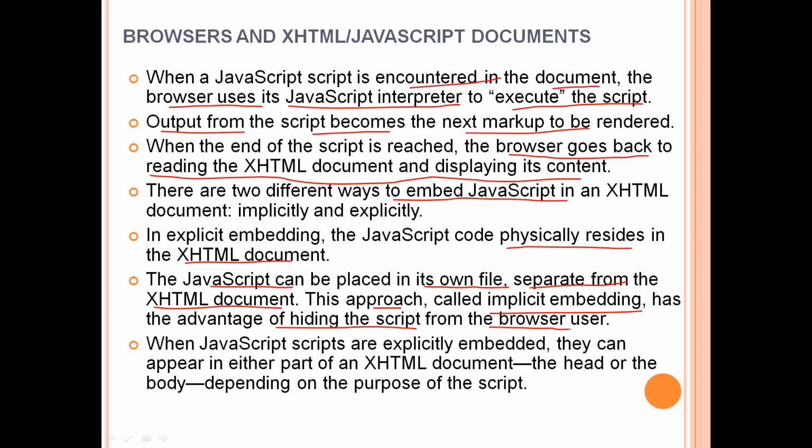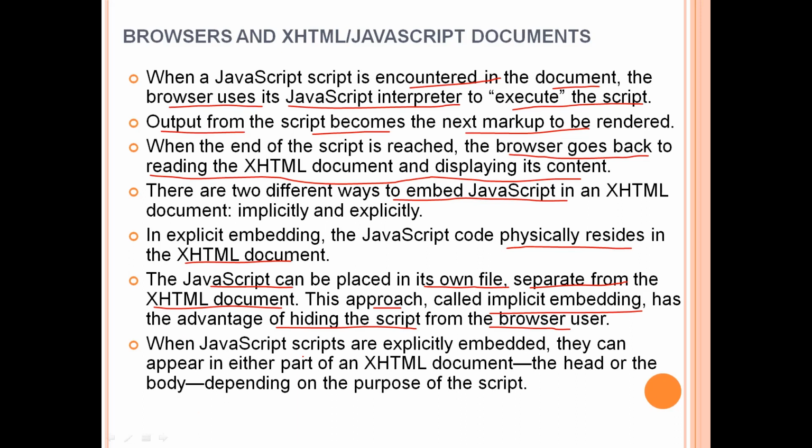The script is totally hidden because it is a separate file from the HTML, XHTML document. The browser user can only see the link to the document, but the actual JavaScript file is not visible to them. This provides security, because as it is not visible to them, they cannot make any modifications to it. That security concern can be tackled by using implicit embedding of JavaScript.